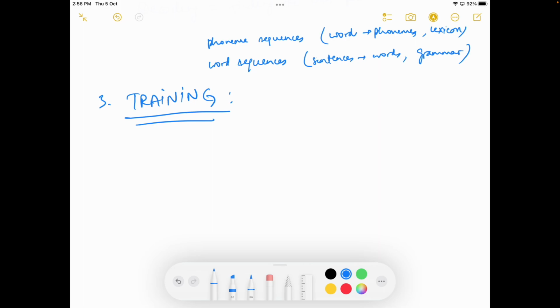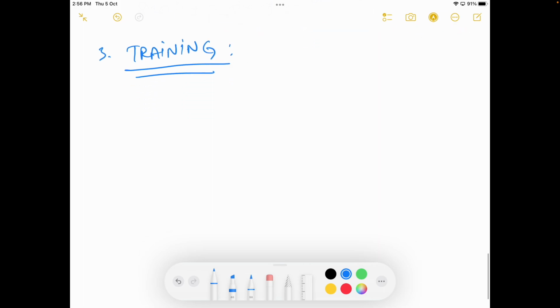This is very interesting. Training means finding the parameters. What are the parameters in your HMM? Probabilities. So how many parameters? We saw it in the last class.